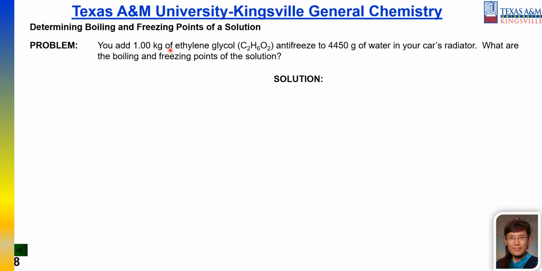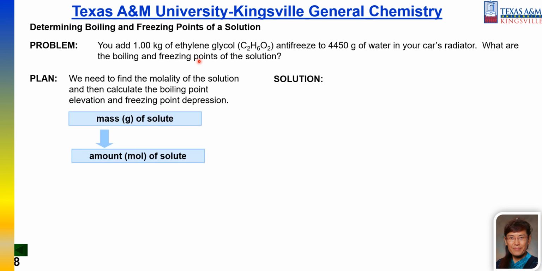You're adding 1 kilogram of this ethylene glycol to 50 grams of water in your car radiator. The question is, what is the boiling point of this solution, and what is the freezing point of this solution, respectively?